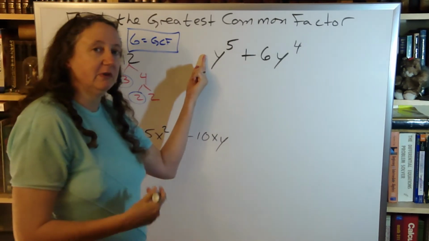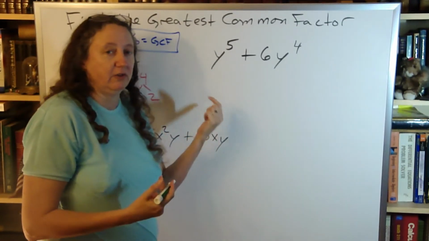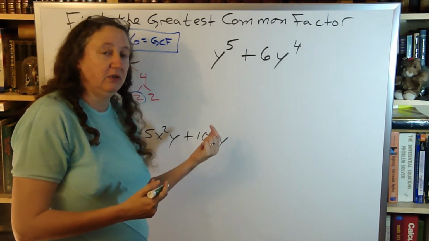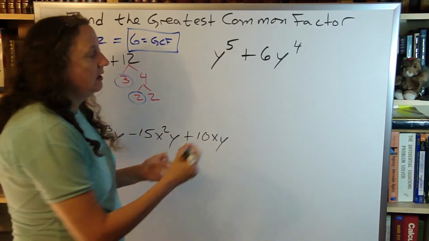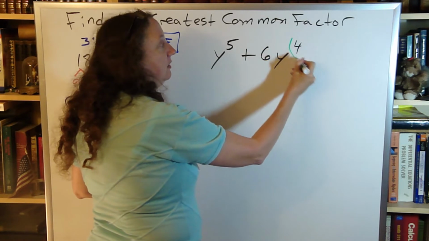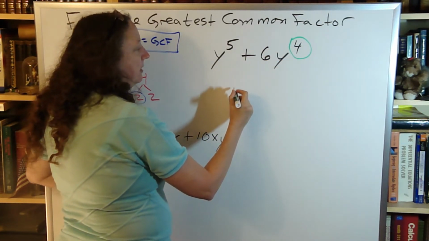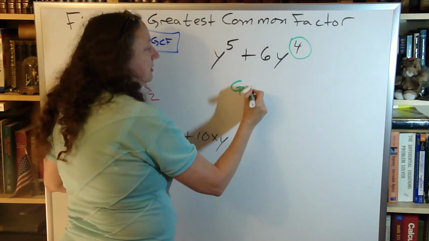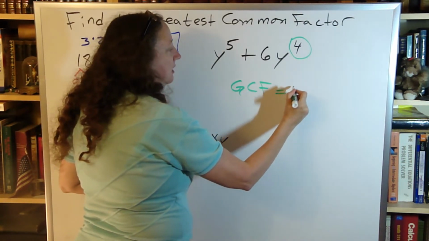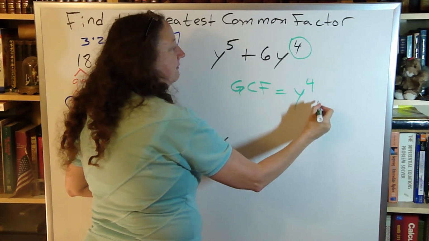Since there's no number written here, the greatest common factor part of the numbers is 1. For the letters, I go to the smallest exponent, and I see that I have 4. So my greatest common factor is y raised to the 4th power.